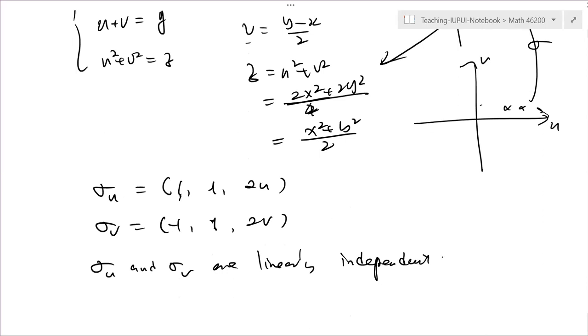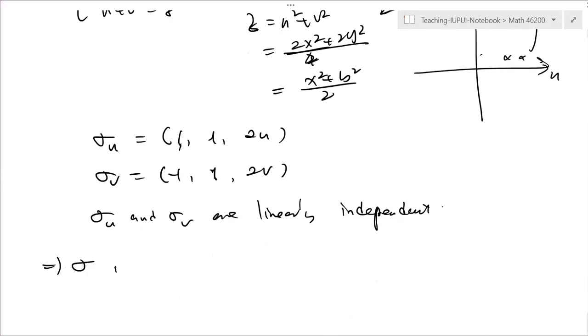So it's linearly independent, therefore sigma is a regular surface patch. Its image itself is a surface.